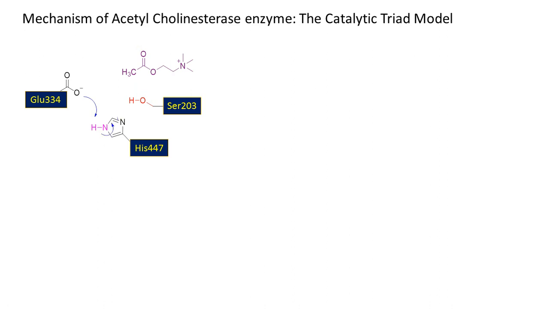That initiates a cascade of events, and the nitrogen abstracts a proton from serine. Further, when the proton is eliminated from serine, O minus will be generated, and that will attack the carbonyl carbon from the backside.